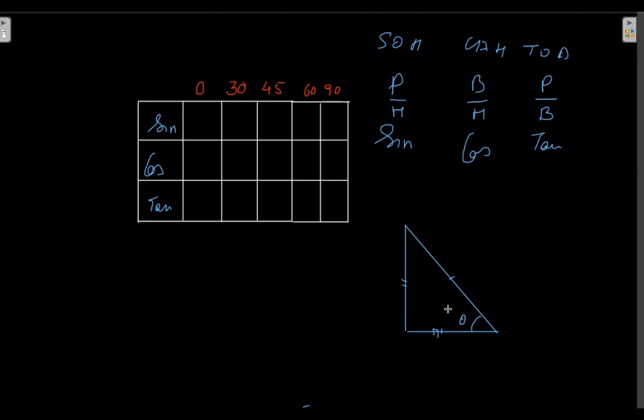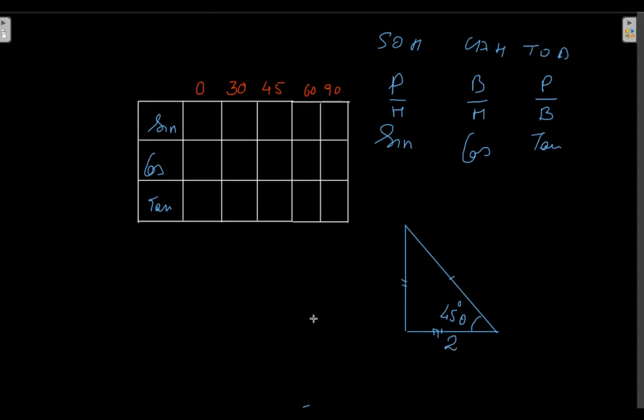Suppose this theta is, say, 45 degrees, and say we are given either of these two sides. Say this side is given to us, let's say 2.